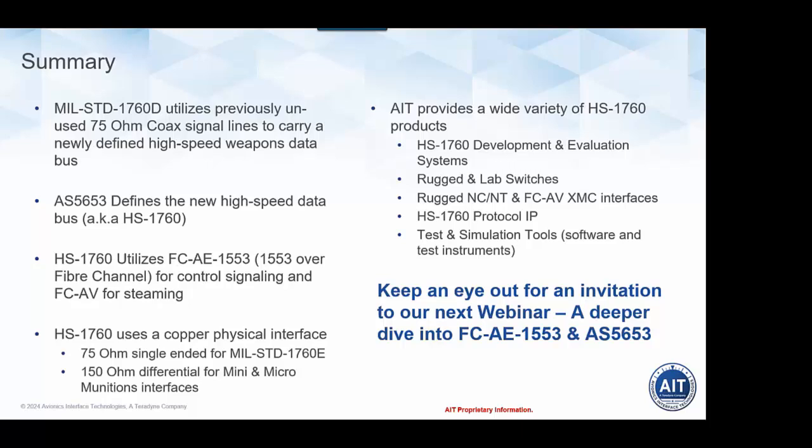We have rugged and lab switches, FCAE lab switches. We also have rugged network controller and network terminal interfaces that also support streaming video with FCAV. We provide our protocol IP for embedding in your own designs. And we have a full complement of test and simulation tools, which include both software and test instruments for testing high-speed 1760 networks.